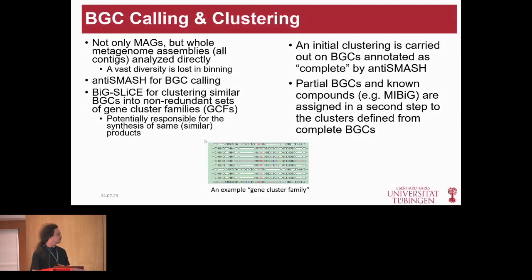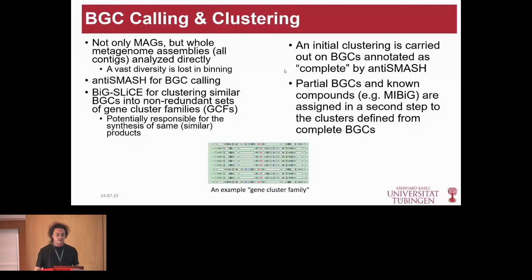For that, we initially cluster only the gene clusters that have been annotated as complete by antiSMASH, and then partial ones or the known compounds from databases such as MIBiG are assigned in a second step to the ones that were clustered in the first step, so to the complete ones.